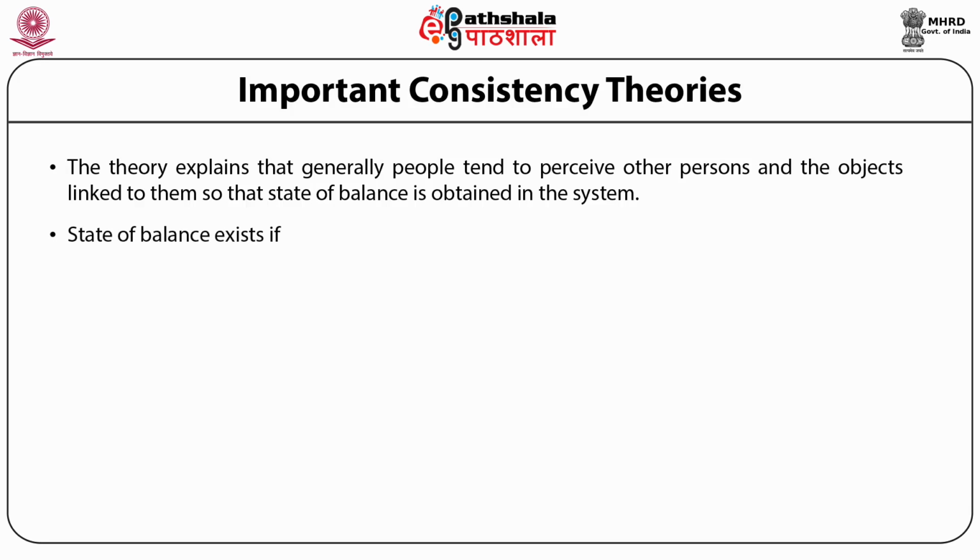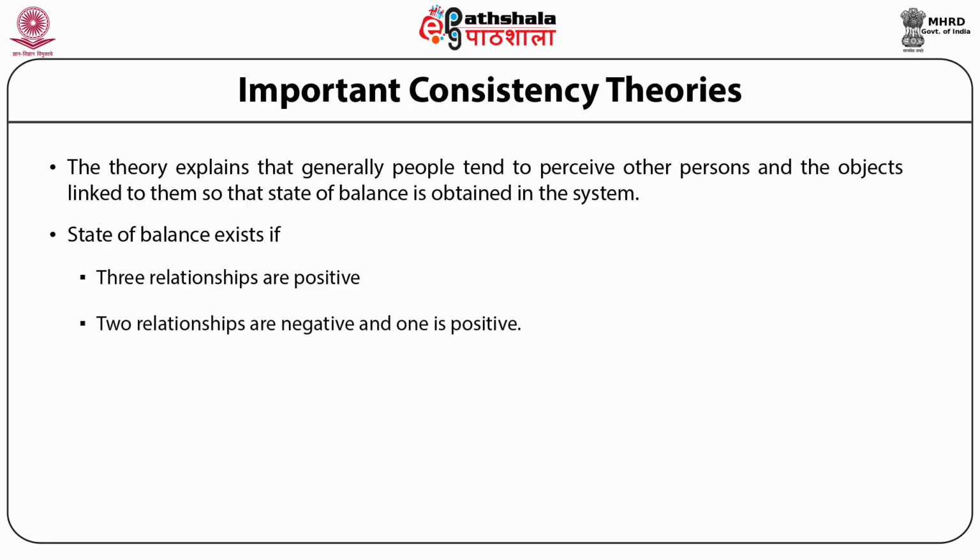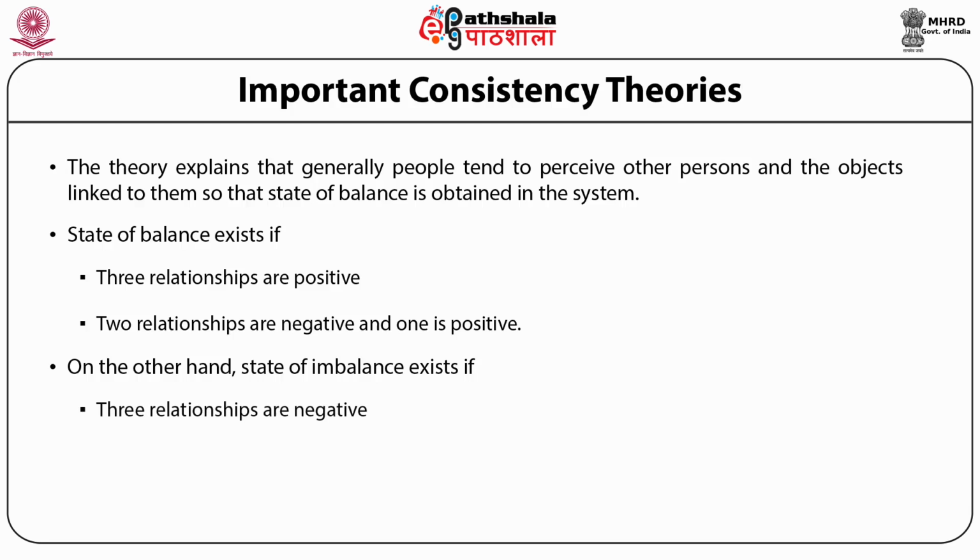State of balance exists if, number 1, all 3 relationships are positive, or number 2, 2 relationships are negative and 1 is positive. On the other hand, state of imbalance exists if, number 1, all 3 relationships are negative, or 2 relationships are positive and 1 is negative.